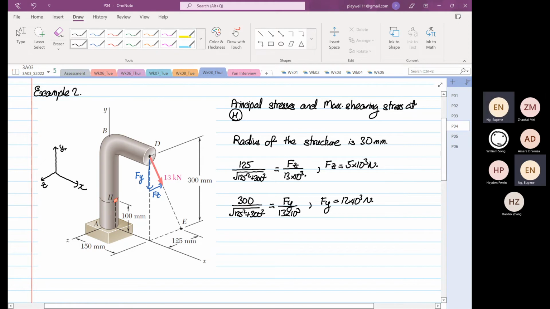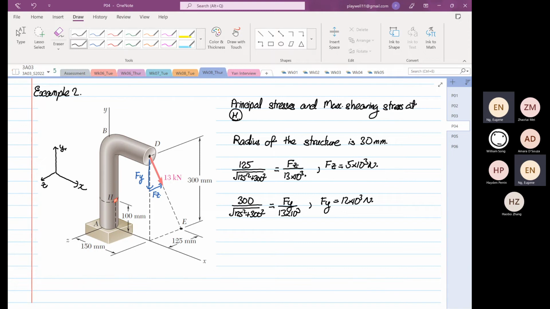So our Fz is 5 times 10 to the power 3, and our Fy is 12 times 10 to the power 3. Now we have got them into our components.